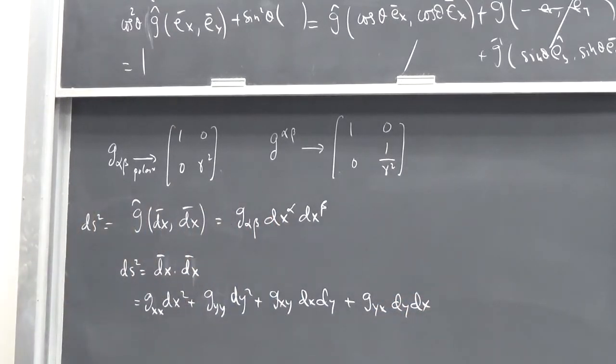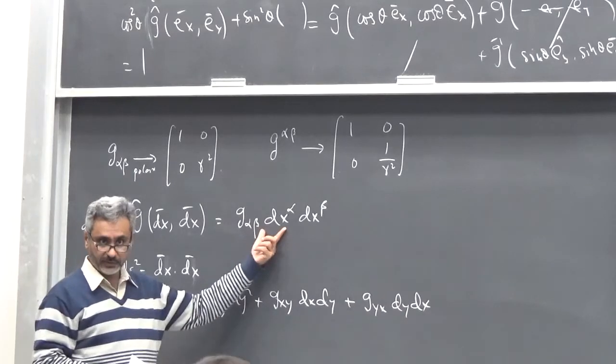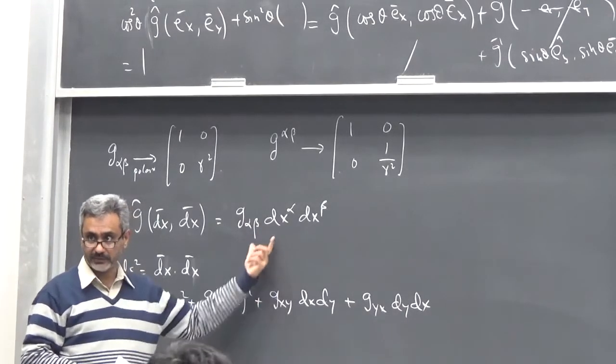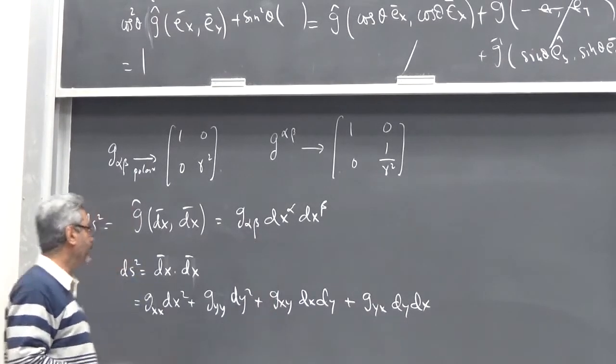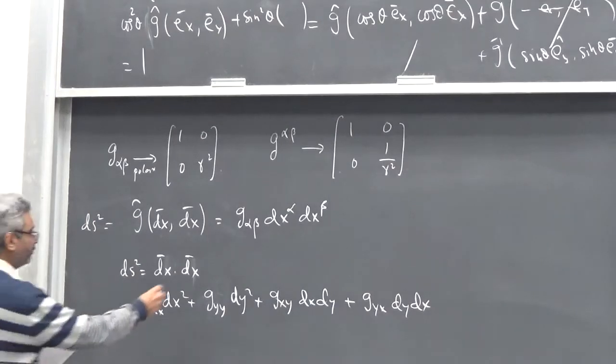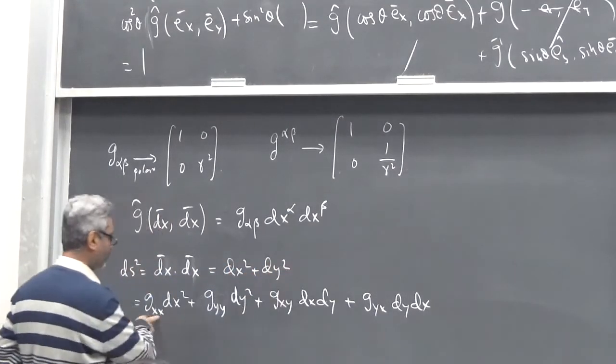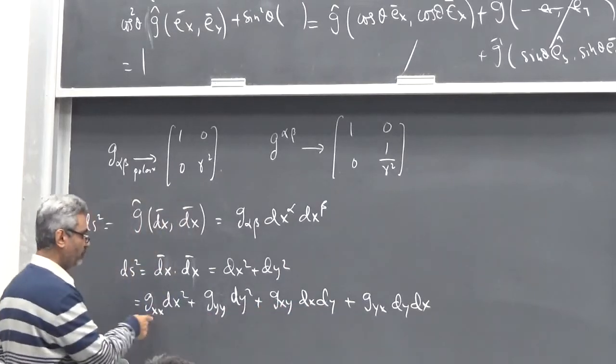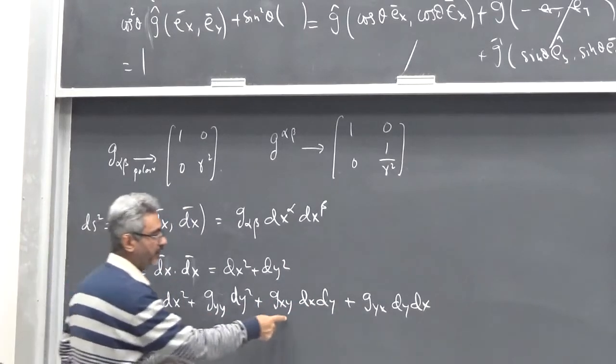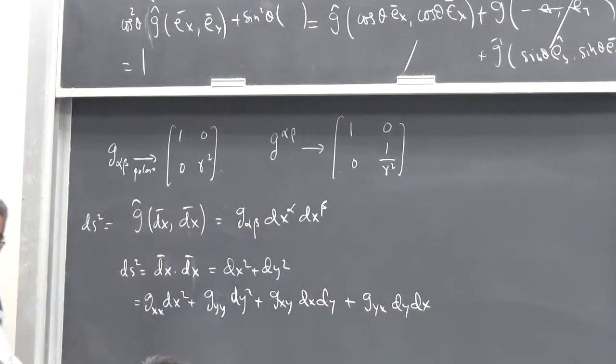I've just opened this up. Everybody understands how these two are related? So if you compare this with dx squared plus dy squared, then you know all of these: these two are 1 and these two are 0.